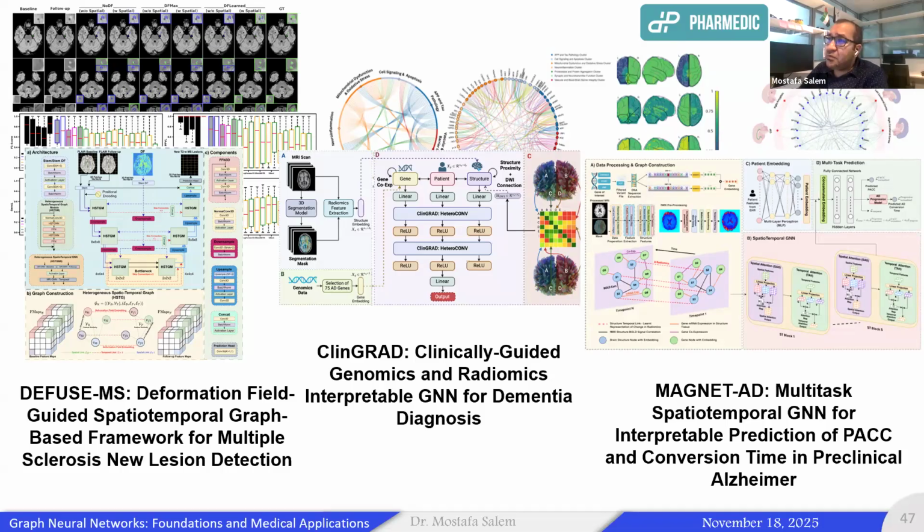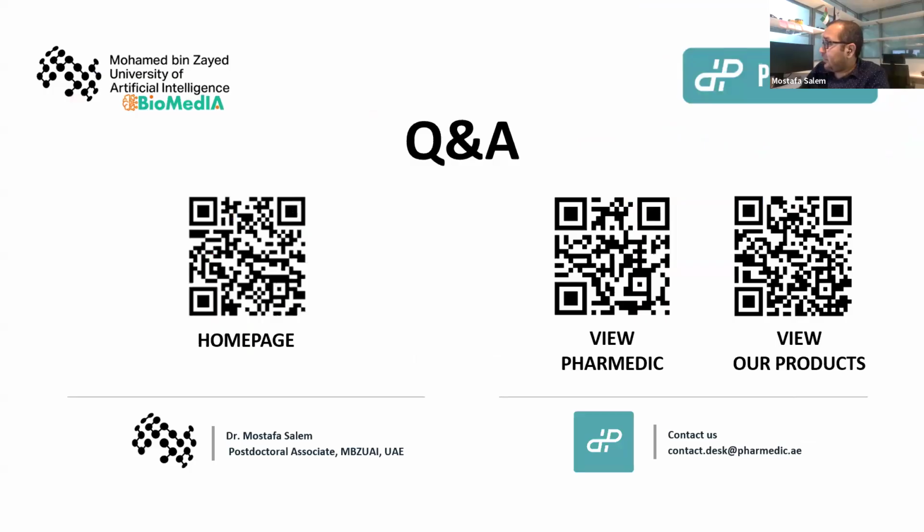I just want to give you a small insight about what a graph is, what a node is, what edges are, what the connection is, and why a GNN is better than an MLP for your data, if your data can be represented as edges and nodes and connections between them. That's it. And now we will open for questions and answers if you have questions.